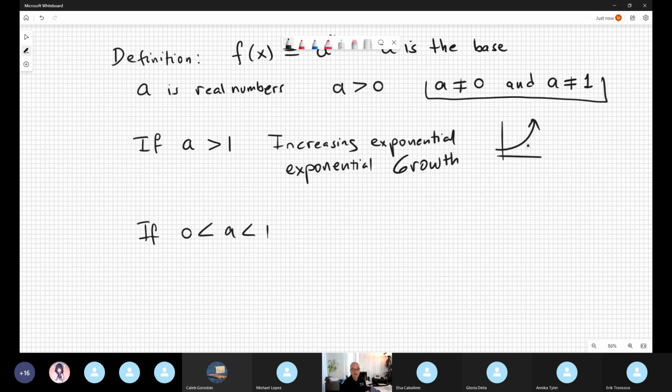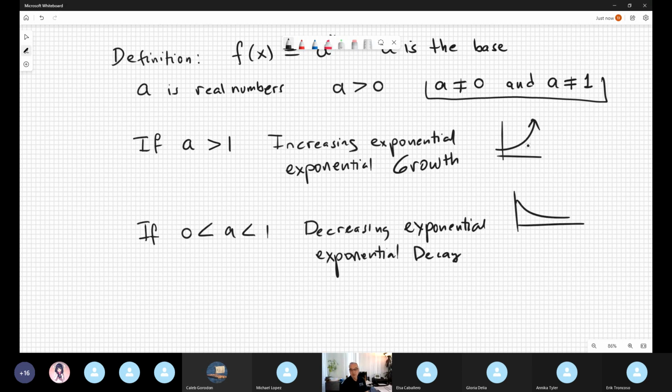And this is a decreasing exponential. Both are important, guys. And this is exponential decay. Exponential decay is the decreasing function like that.